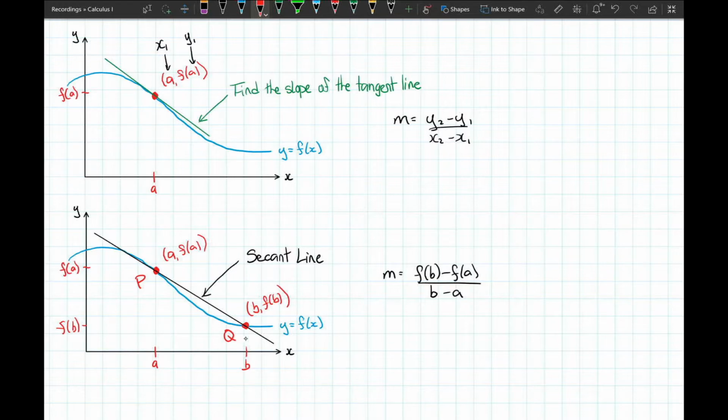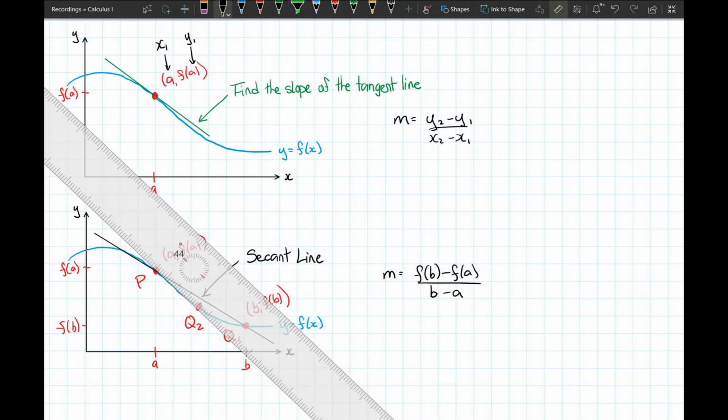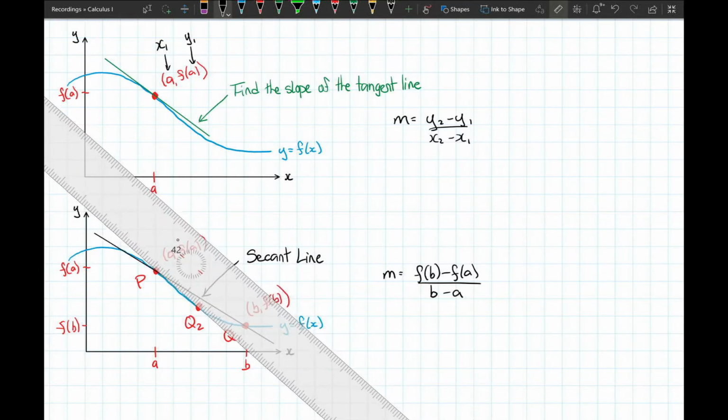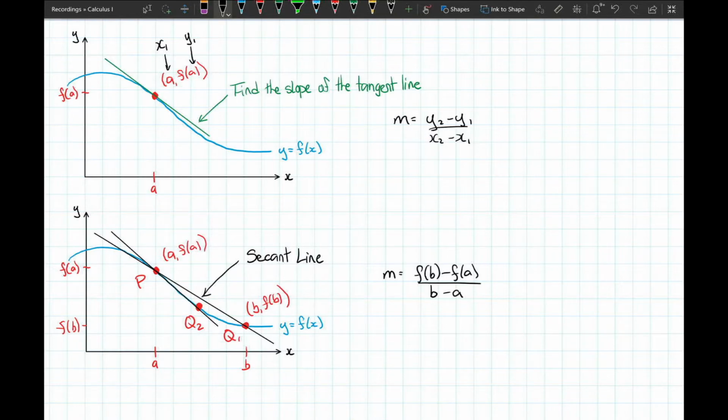So I'm going to take this and call this point Q1, and I'm going to pick a new point that's a little bit closer, and I'm going to call this Q2. And then I can recalculate the slope of a line going through those 2 points. And that gets me a slope of another line. This time again, it's a secant line, not a tangent line. But if you notice, the slope of that black line is starting to look pretty close to the slope of the green line.